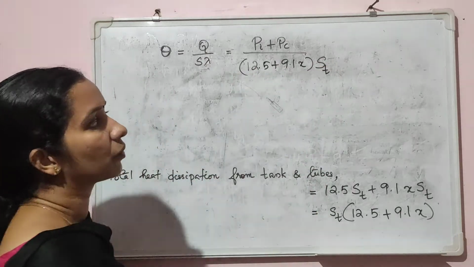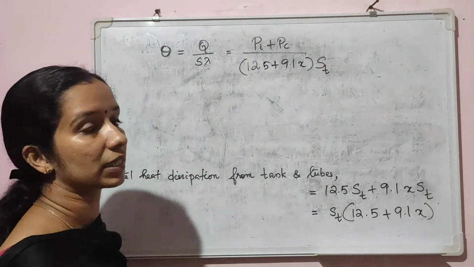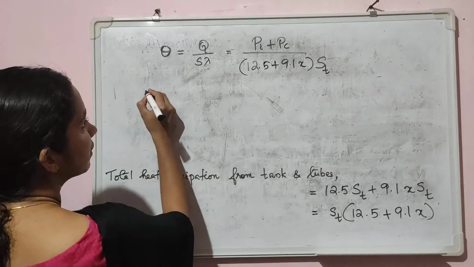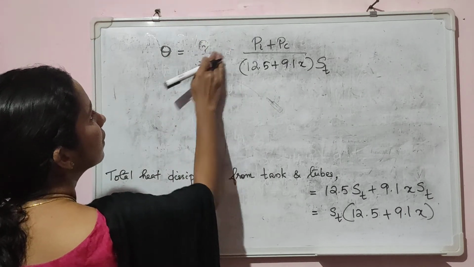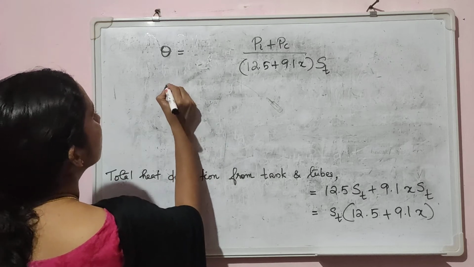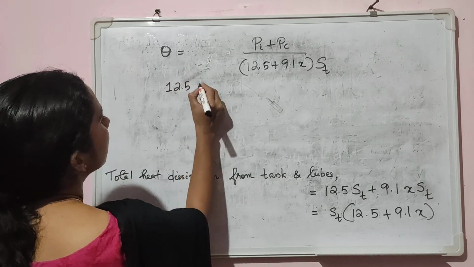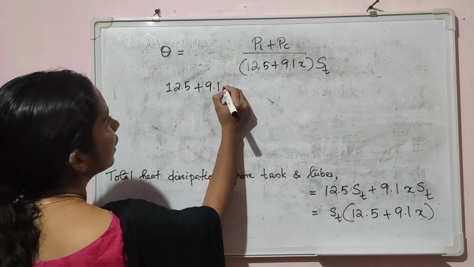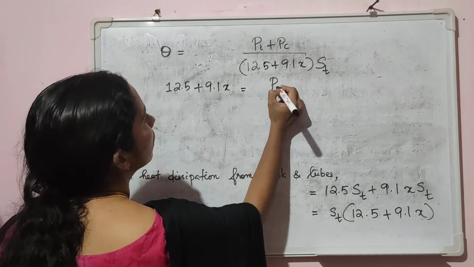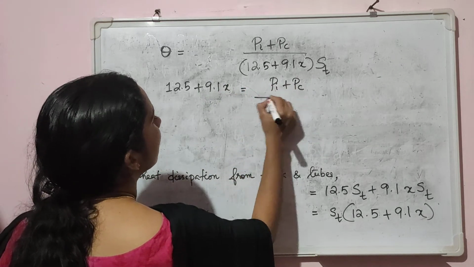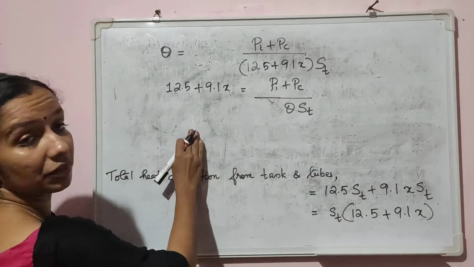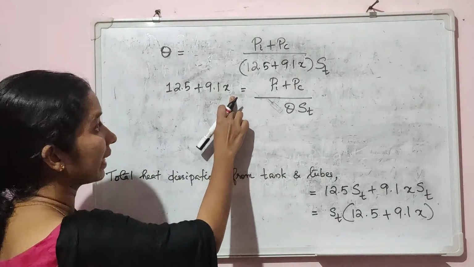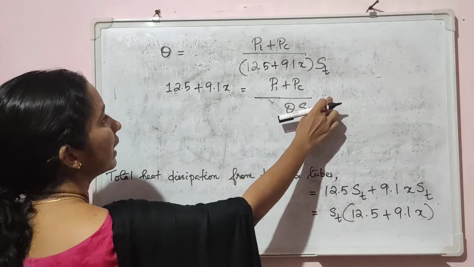So rearrange the equation and find out the value of x. So this equation can be rearranged as 12.5 plus 9.1 x will be equal to Pi plus Pc divided by theta into St. Or we can write 9.1 x as this term minus 12.5.